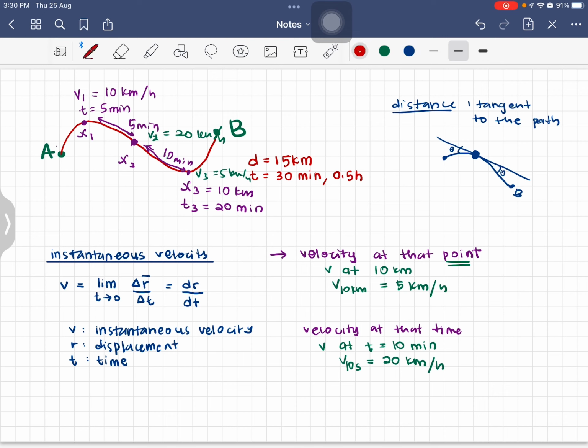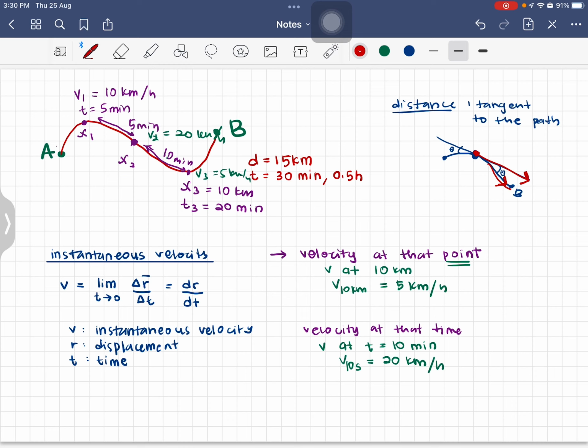And since we are considering the velocity, the direction of velocity must follow the direction of the path, the displacement. So the displacement will go that way, right? Displacement goes that way. That means your velocity will go that way too. We put the tail of the arrow at the point we want and it heads in the direction of the arrow.